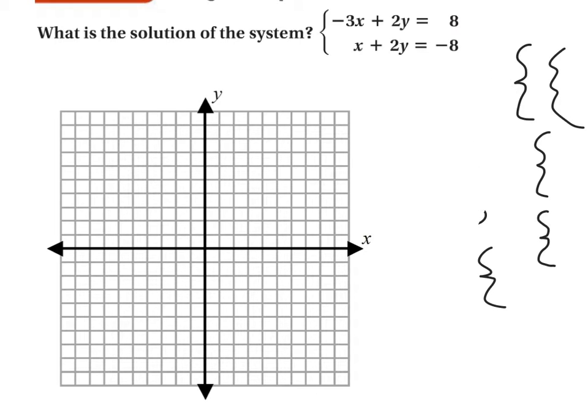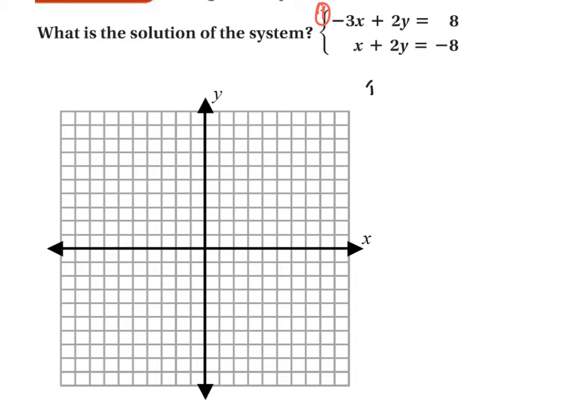So, we are dealing with a system of linear equations, and what we want to do is graph them. We're going to take that first equation, and I will literally call it equation number 1. Working with equation number 1, we have negative 3x plus 2y equals 8.